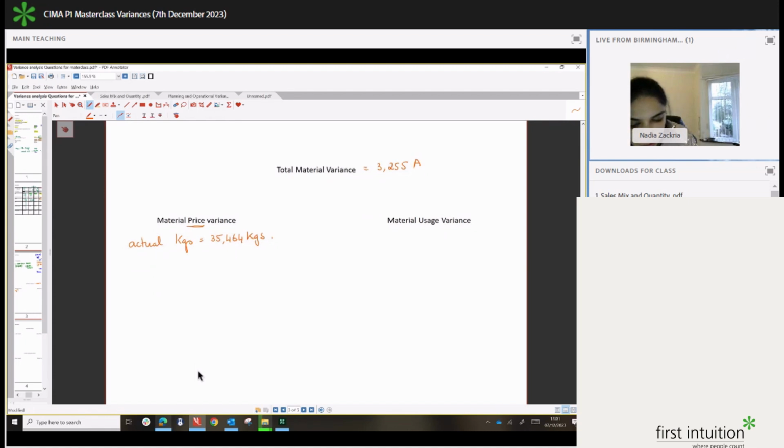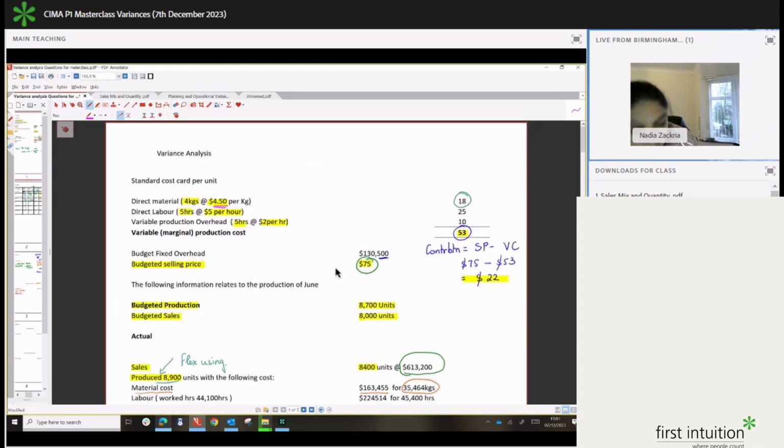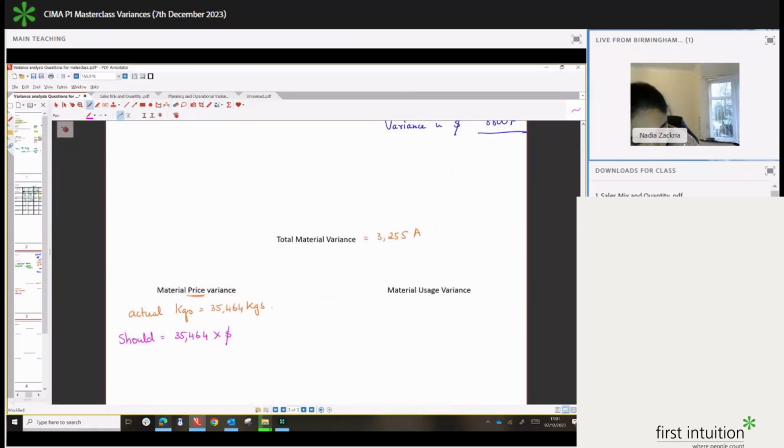Again, going to our should and did method. Should have costed us, if we had predicted it correct, we would have purchased 35,464 and each kg would have costed us $4.50 per kg. Right? So here into $4.50.